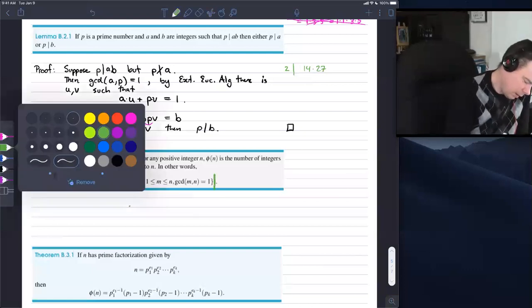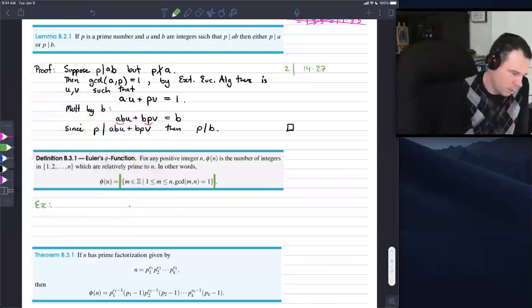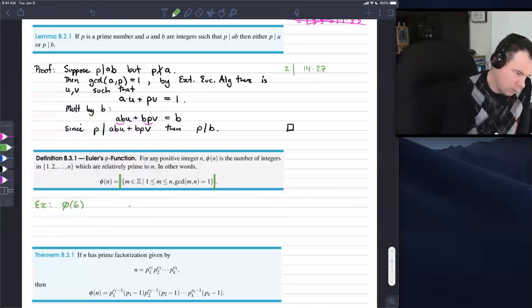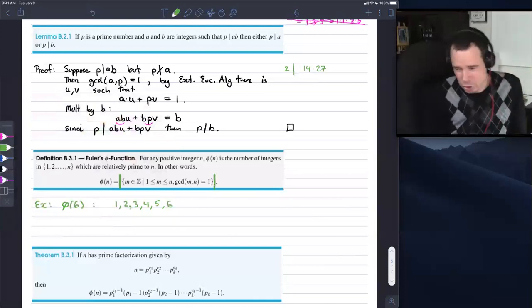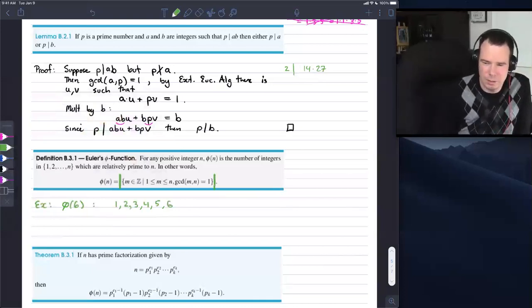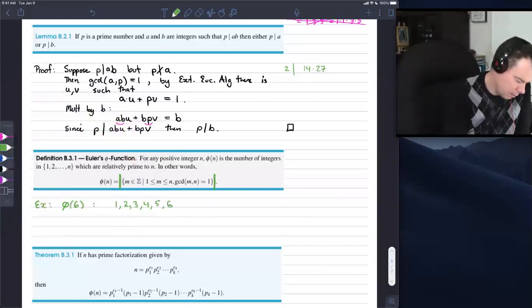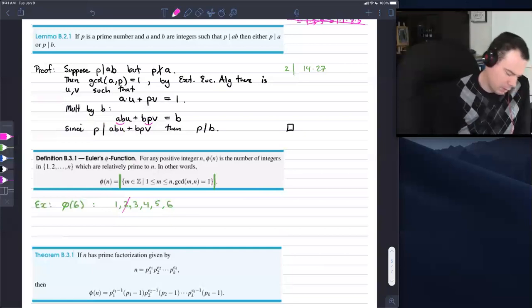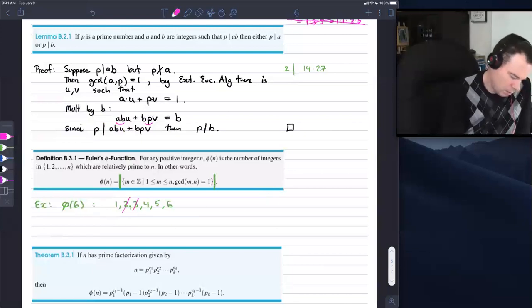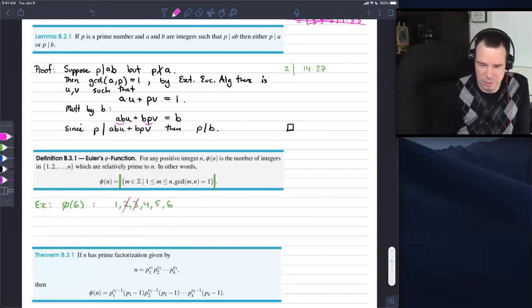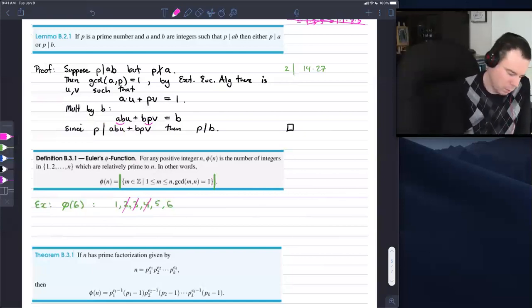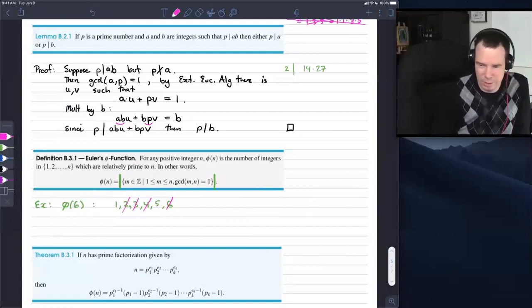So let's have a look at an example here. What's phi of 6? I will just list out all the numbers between 1 and 6, and I just want to count the ones that are relatively prime to 6, the ones that have a GCD of 1 with 6. 2 is not relatively prime because the GCD of 2 and 6 is 2, not 1. 3 is not relatively prime because the GCD of 3 and 6 is 3, not 1. 4 is not relatively prime because the GCD is 2, again, not 1. 6 is not relatively prime because its GCD with 6 is 6.